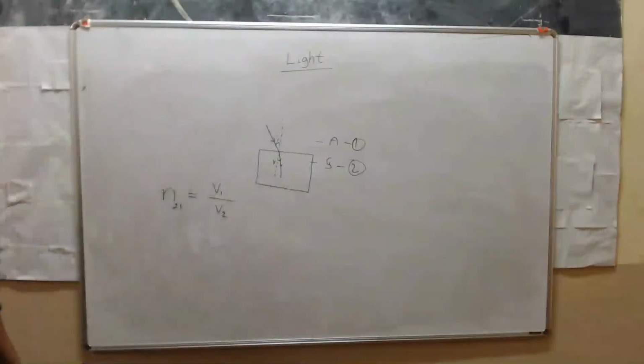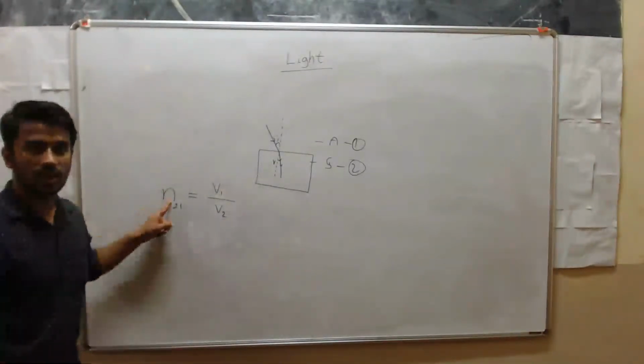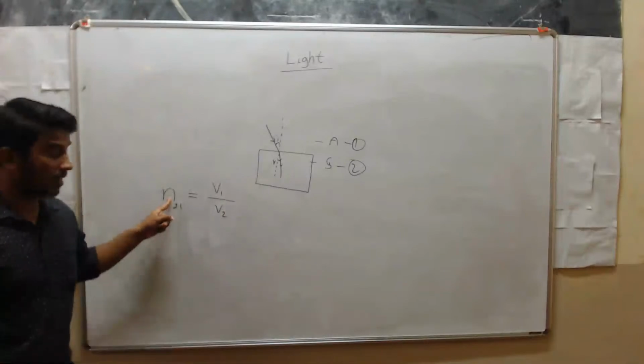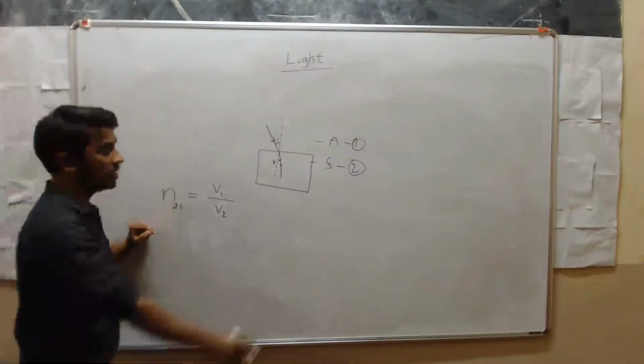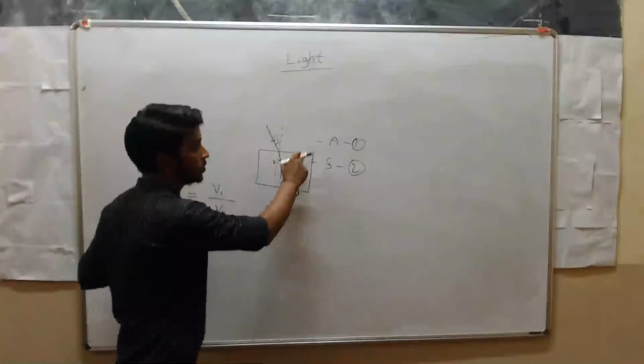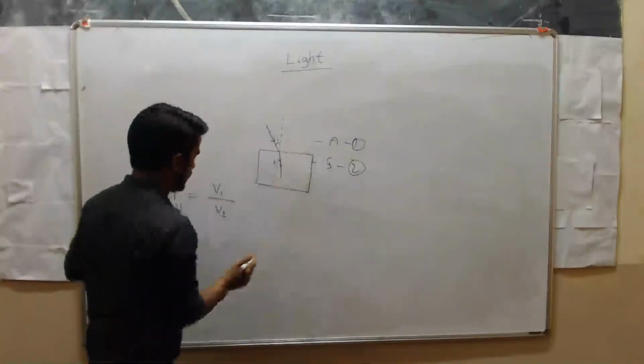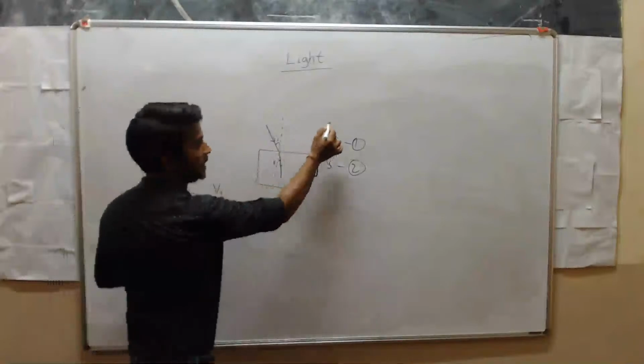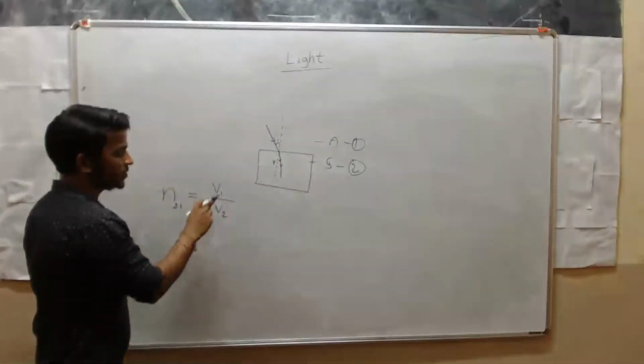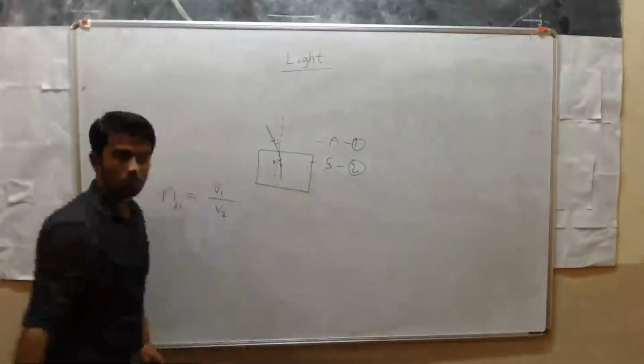Okay, so v1 divided by v2. Here n means refractive index. Here n means refractive index of the second medium with respect to medium 1. Listen here. Here v1 means speed of light in medium 1. v2 means speed of light in medium 2.